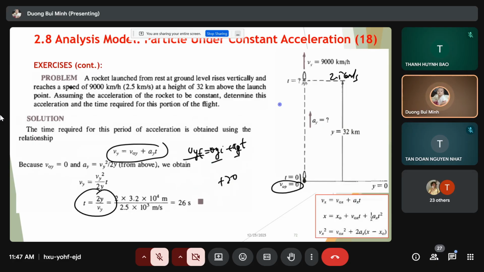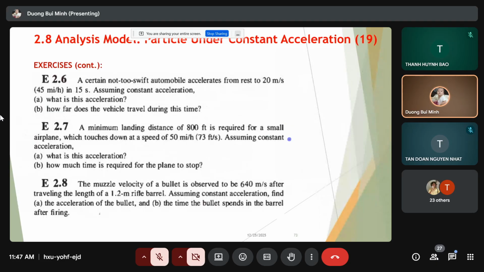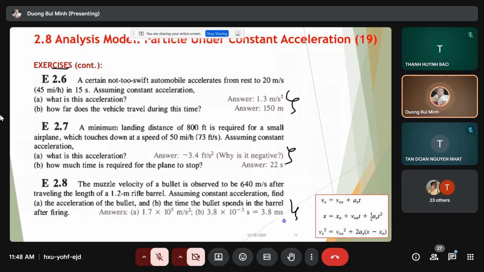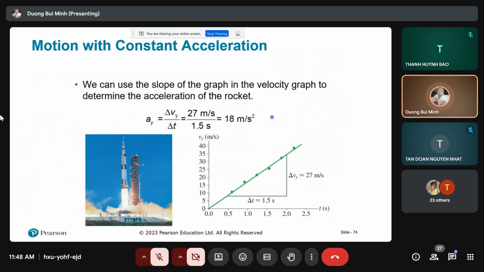So you get the time is 20 seconds. Then we have some exercises for you to practice. Remember, we have reference answers here, so when you do the exercise, you can double check with your reference answers. Okay, we stop now.